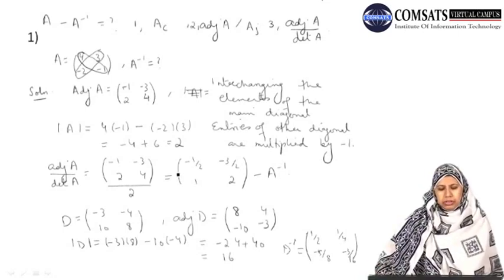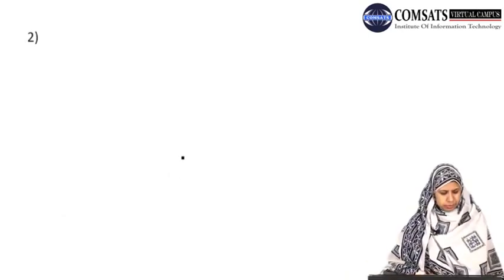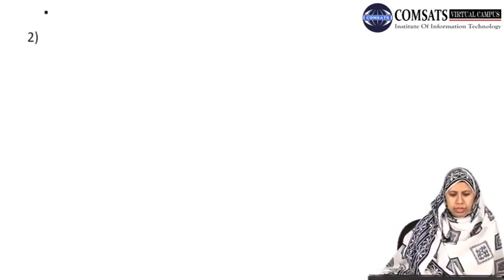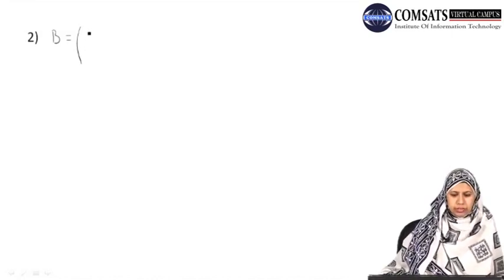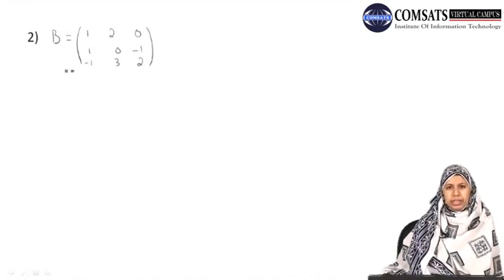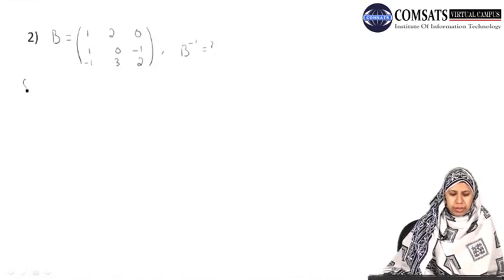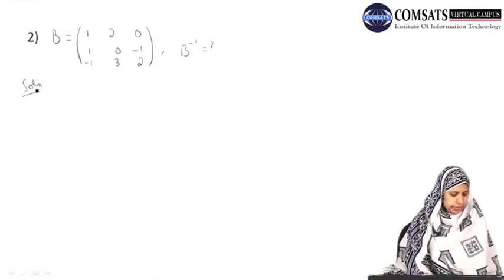Now we use this method of cofactors to find the inverse of a matrix of order 3 by 3. Suppose we are given a matrix B of order 3 by 3 with entries 1, 2, 0, 1, 0, -1, -1, 3, 2, and we are asked to find the inverse of this matrix by using the method of cofactors.